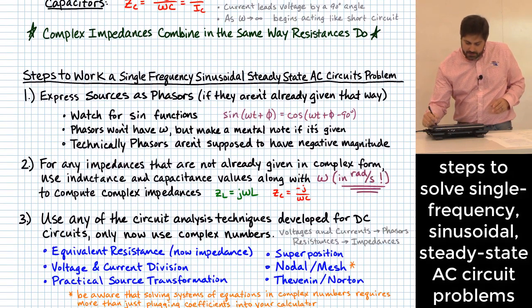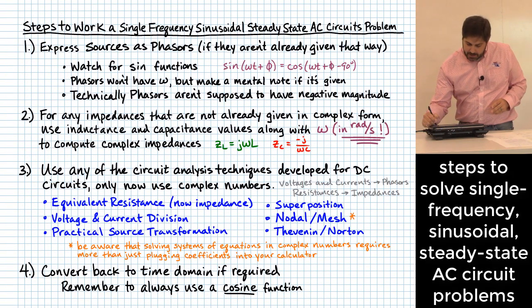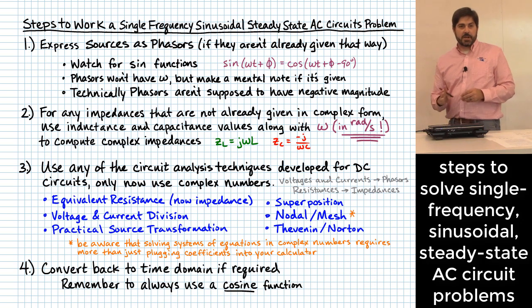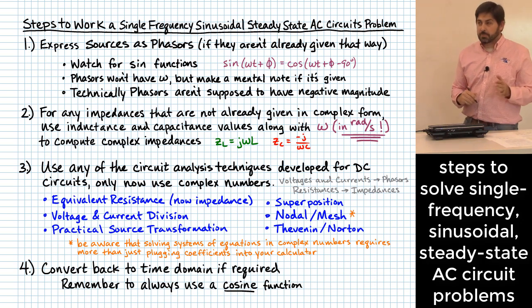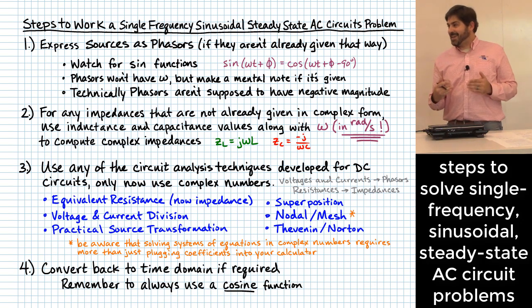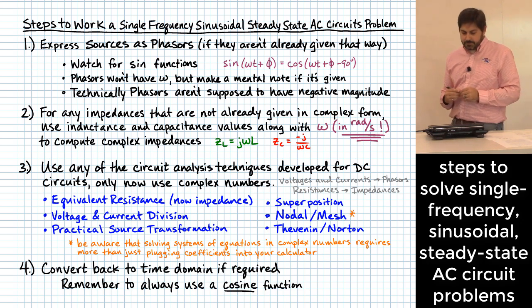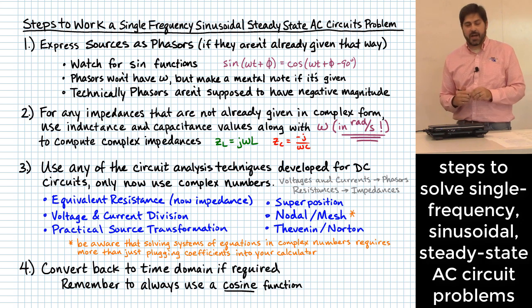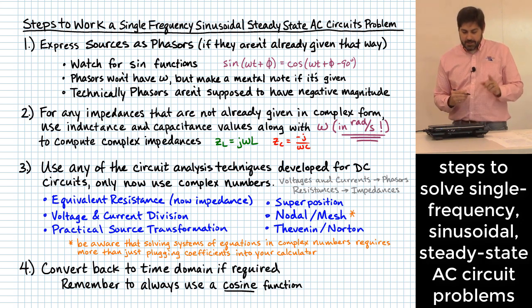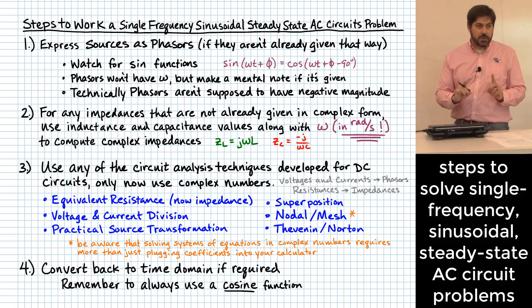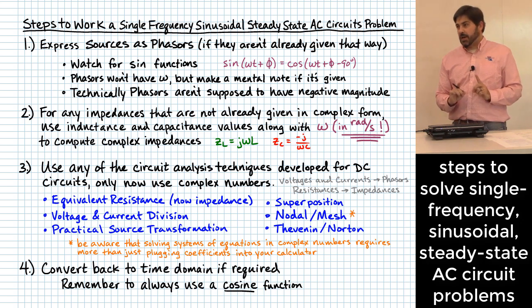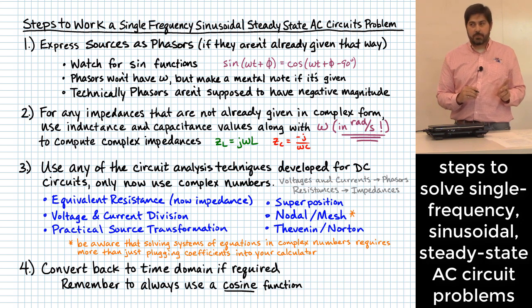Now let me really boil it down for you and show you the steps that I recommend when we're trying to approach a steady state AC problem where the waveforms are sinusoidal. Okay, single frequency, that's the other factor that I should probably mention here as well. First thing you want to do is take all of your sources in your circuit, and if they are not already expressed in the frequency domain as phasors, you want to convert them to that.